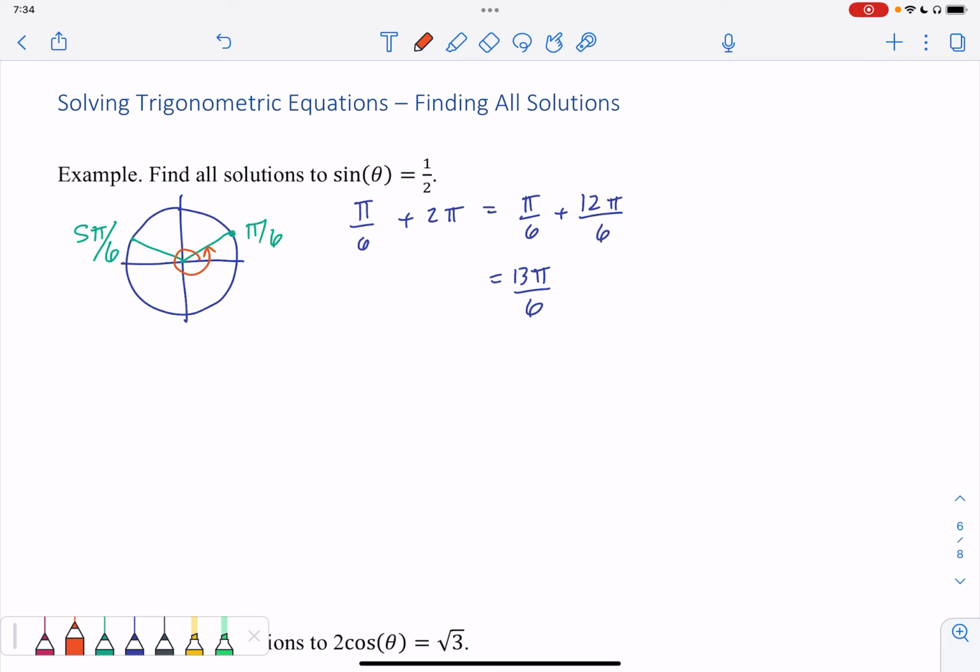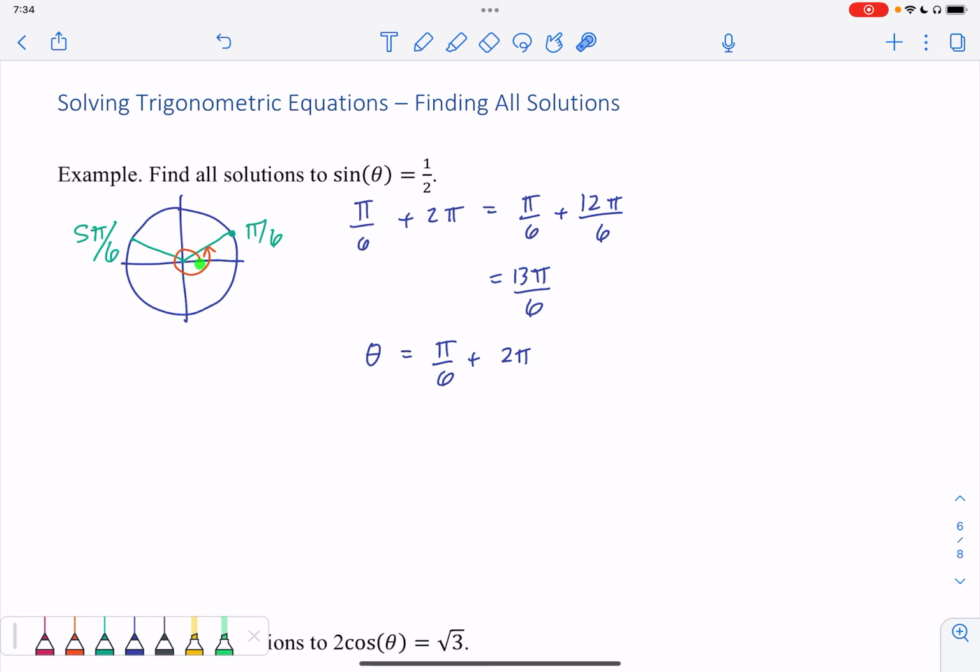And in fact, every jump by 2 pi is going to give us a coterminal angle and thus another solution of this equation. So how can I express that? Well, I'm going to write that like this. Theta is going to be pi over 6 plus 2 pi, but any jump of 2 pi. What's to stop us from going twice around and then landing, and then having another angle there?